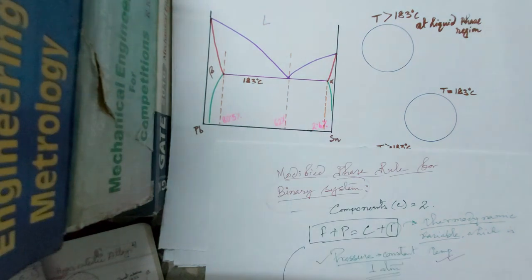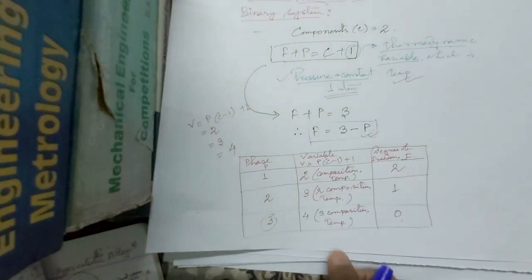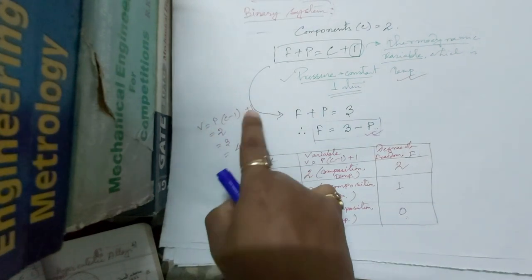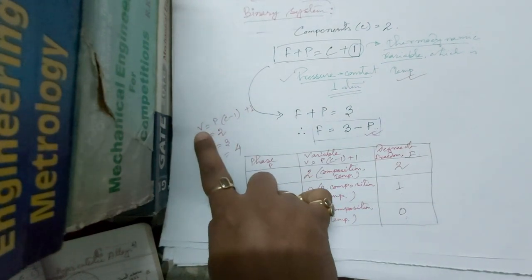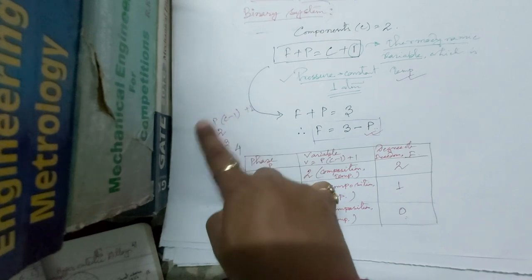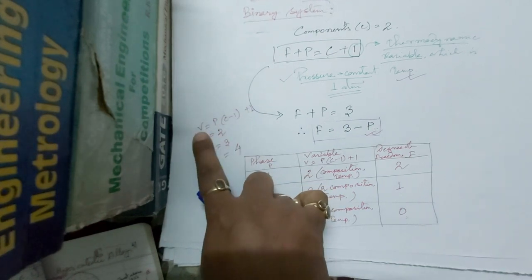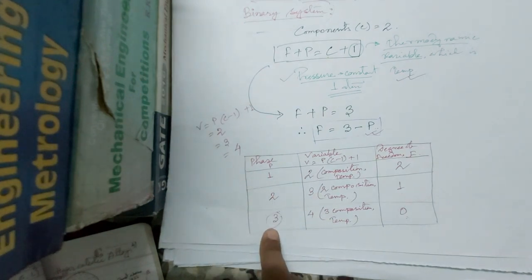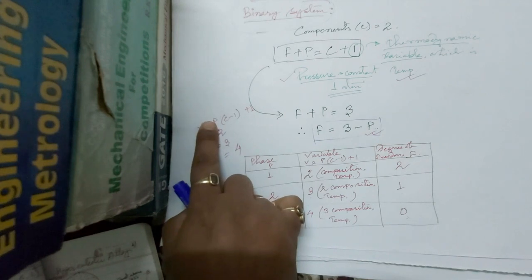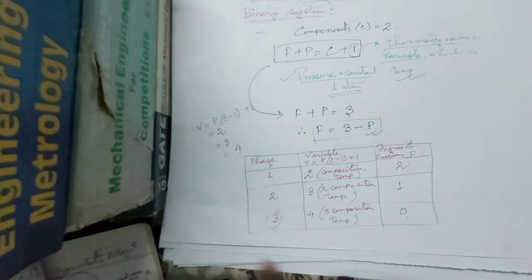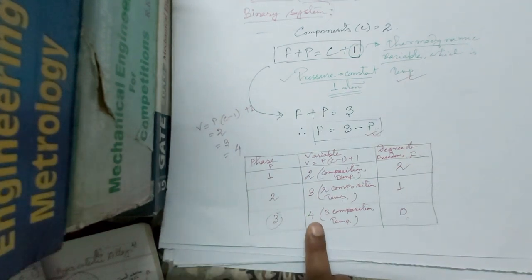So if we have three different phases, by using this formula, V is equal to P into (C minus 1) plus 1, we can get the number of variables equal to 4 by putting P equal to 3, and C is always 2 for a binary system. So we have 4 different variables.